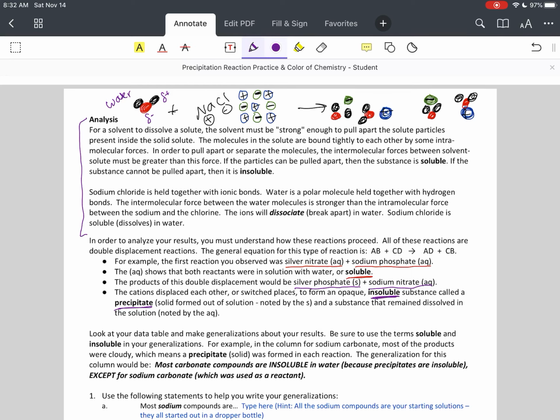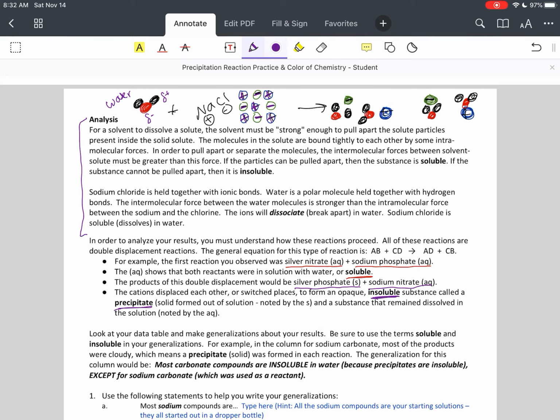ionic compounds. So if I add salt in with water, remember salt is an ionic compound, so it creates this crystal lattice structure of positive and negative charges. So my blue molecules have my positive ions, the green particles are my negative ions.